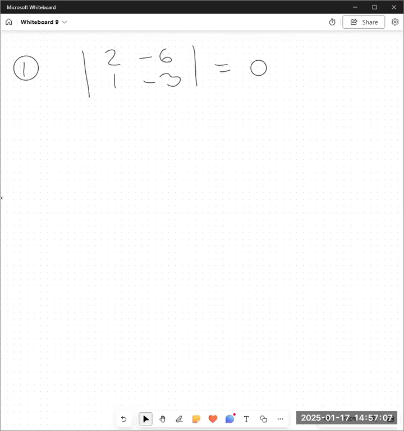So if we would take the difference here, if we would subtract 2 times row 2 from row 1, we would get a row of zeros. Anytime there's a row of zeros or a column of zeros, we're going to get a determinant of 0. So the first row is 2 times the second row.